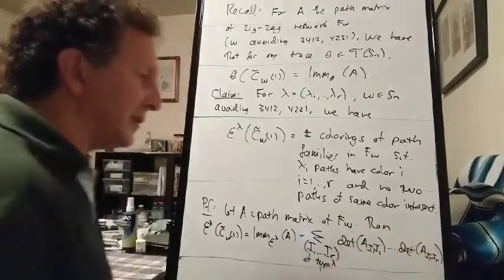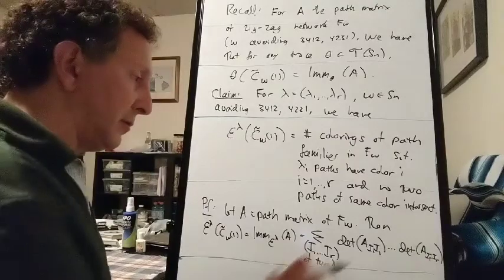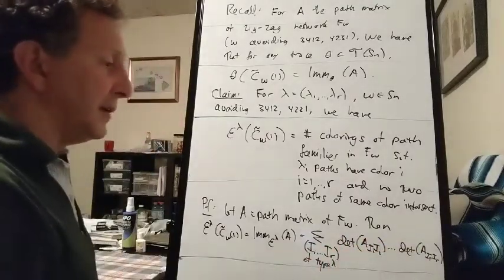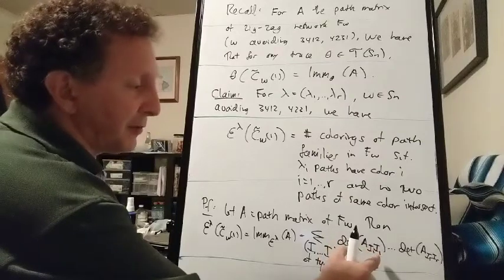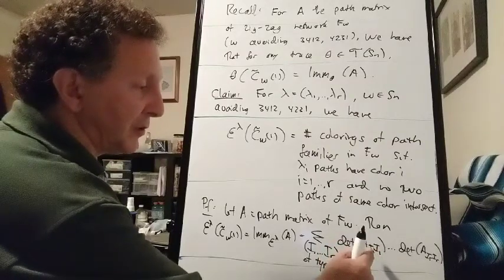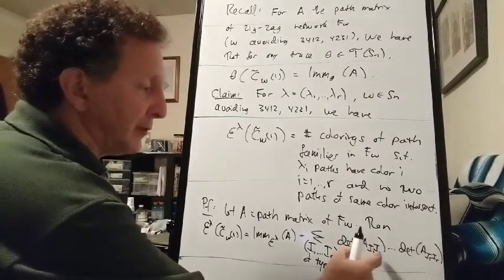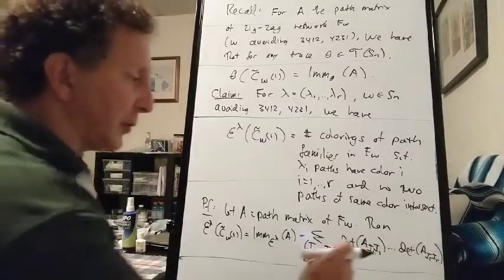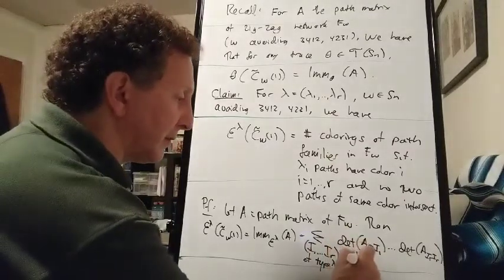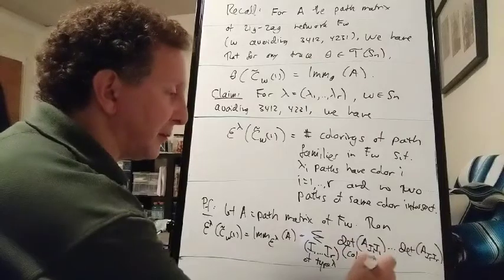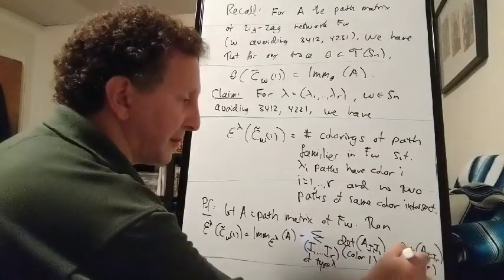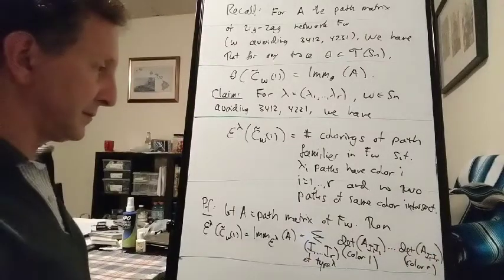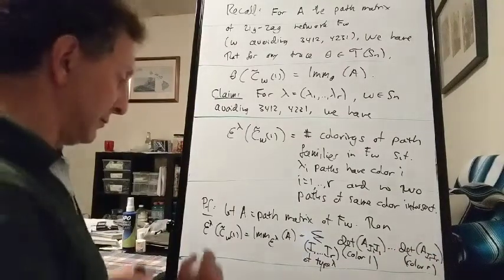And each one of these factors in a term is, by Lindström's lemma, the number of path families from sources I1 to sinks I1 that don't touch each other. So we can think of this as color 1 path families up to color R path families. So that's really all there is to it.